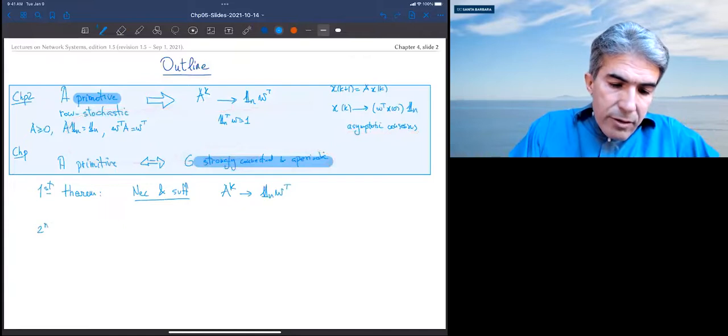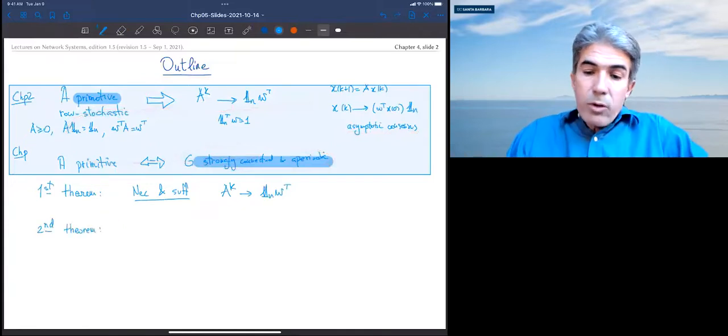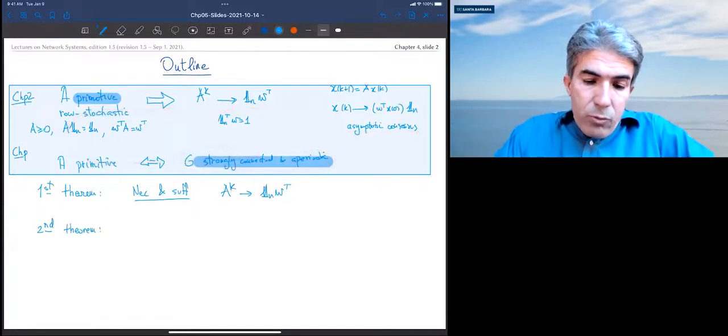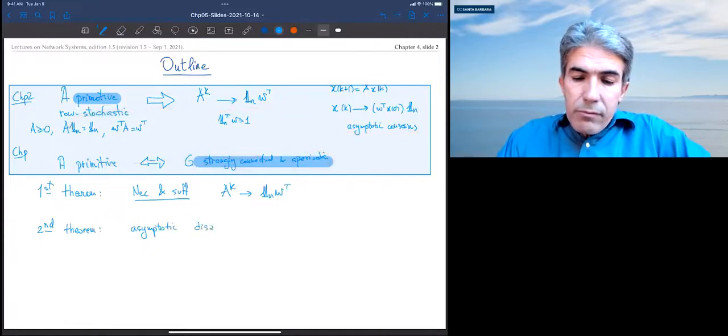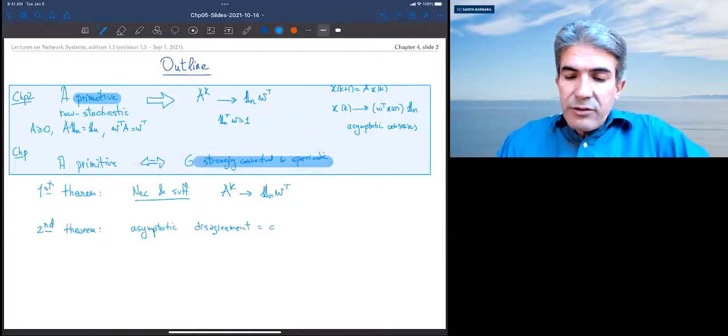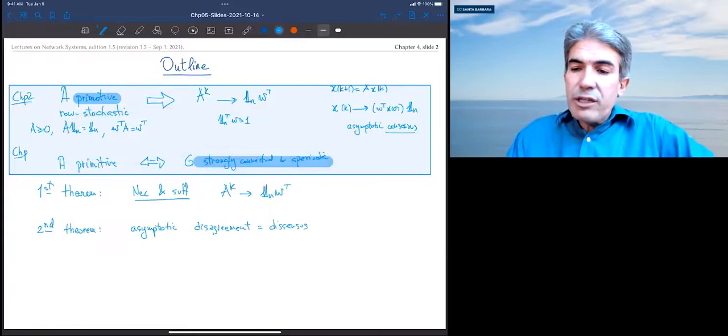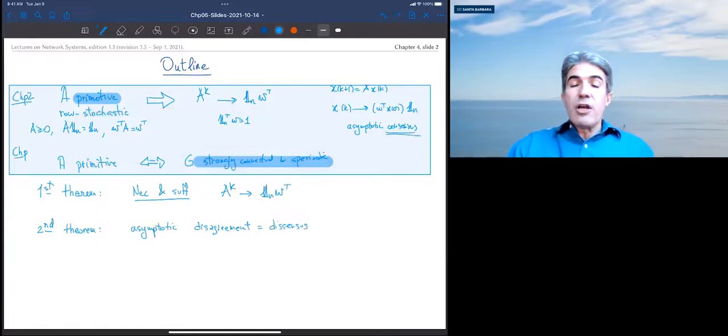The second theorem will be about the case where we have asymptotic disagreement. People also call this dissensus. So this was consensus and now asymptotic dissensus or disagreement.